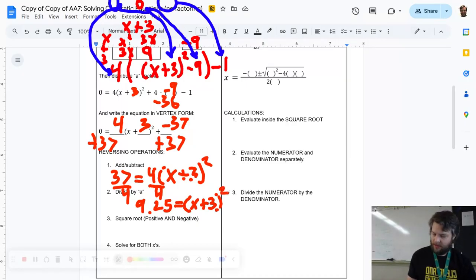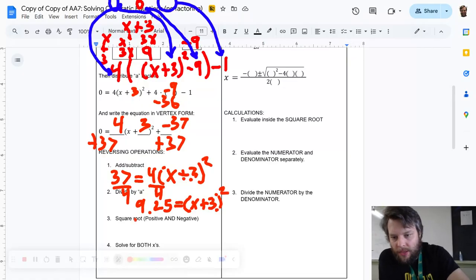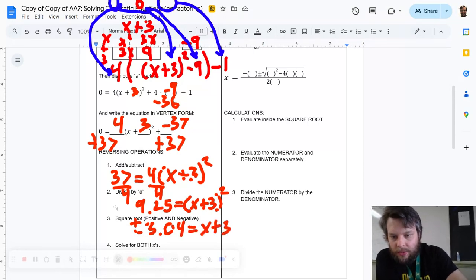Now you definitely need a calculator for the square root of 9.25. And that gives me 3.04. Remember, we get two answers, a positive and a negative 3.04. That's x plus 3. What we did there is we just did square root on both sides.